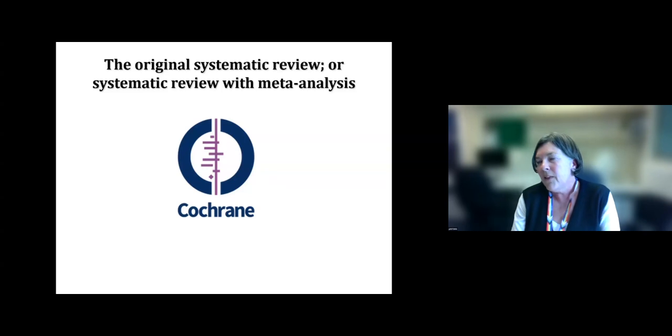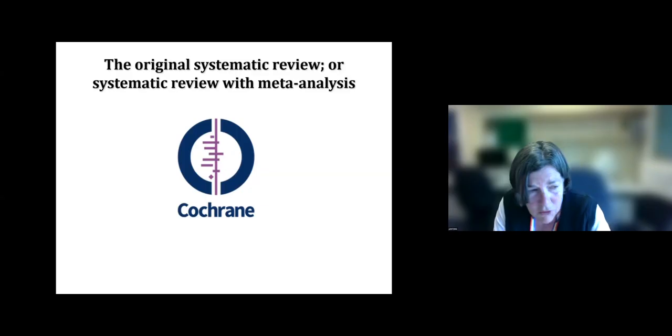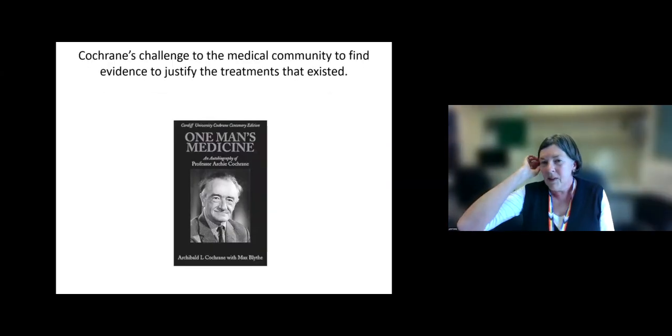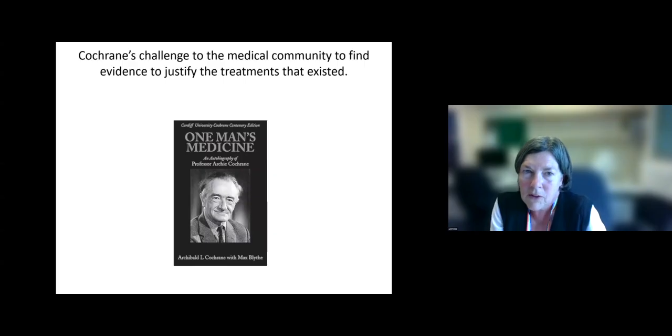So you can see the principles of a lit review coming out really strongly, in that a literature review is looking at all of the evidence as a whole, rather than just individual pieces of research. That is a massive influence in healthcare, and as I've put there, Cochrane's challenge to the medical community was to find evidence to justify the treatments that existed.